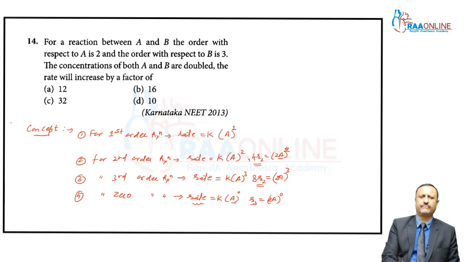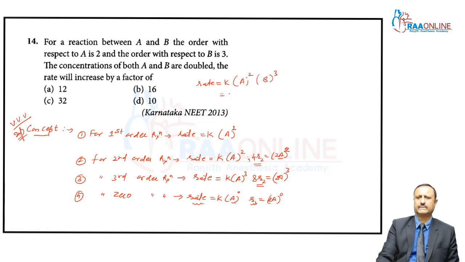So my dear students, it is a very important concept, and maximum questions are asked in NEET exams or your board exams on this concept. Now we can see this question: a reaction between A and B, the order with respect to A is 2, so rate is equal to K A to the power 2, and B to the power 3 because it gives third order.